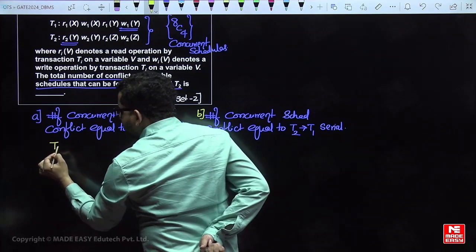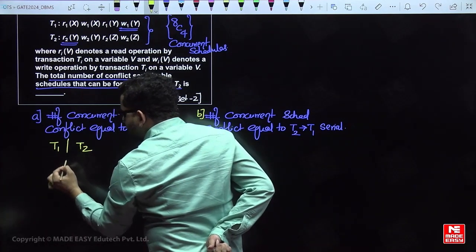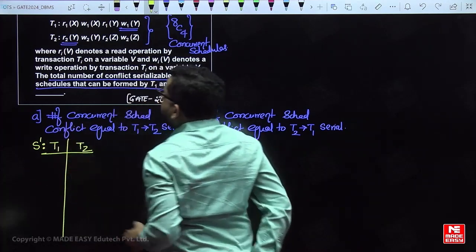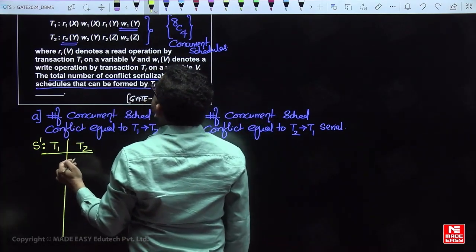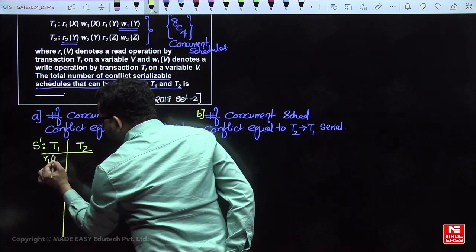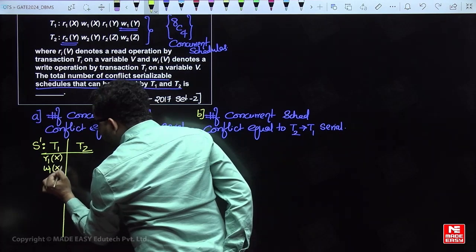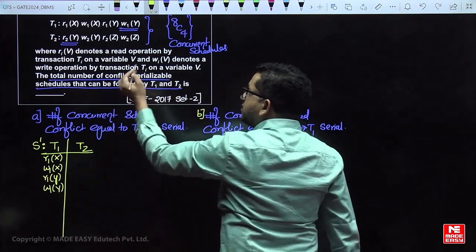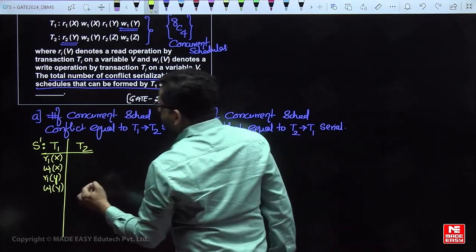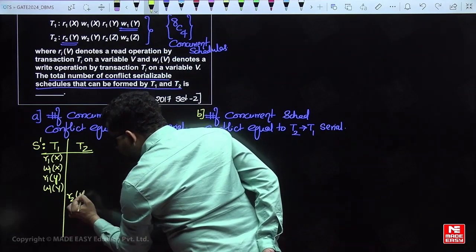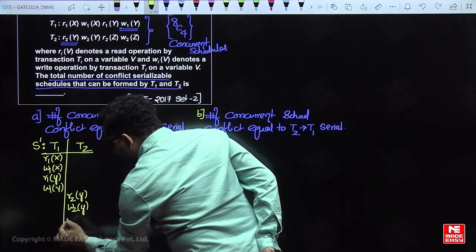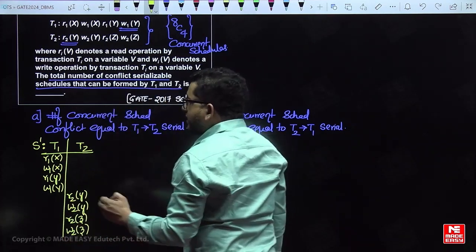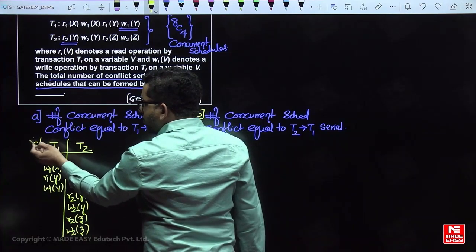So T1 is one transaction, T2 is the other. The T1 operations are R1X W1X R1Y W1Y, and the T2 operations are R2Y W2Y R2Z W2Z.